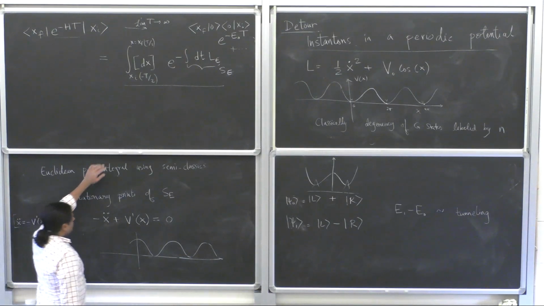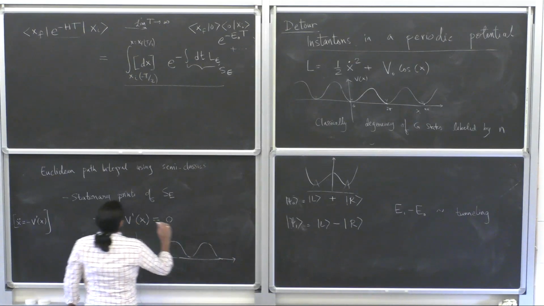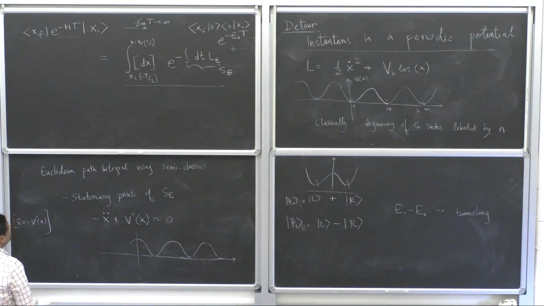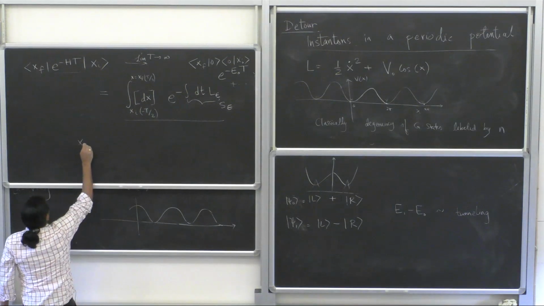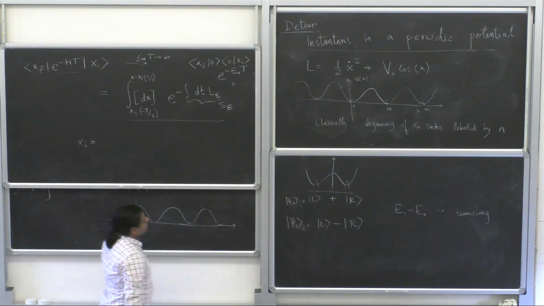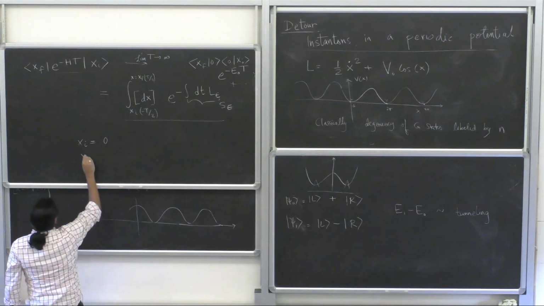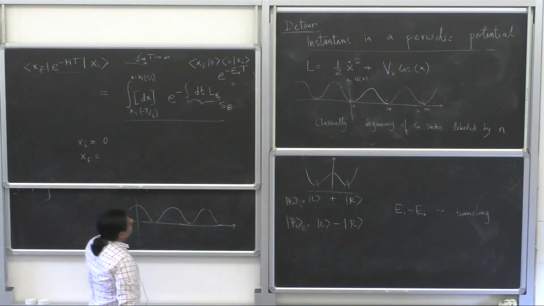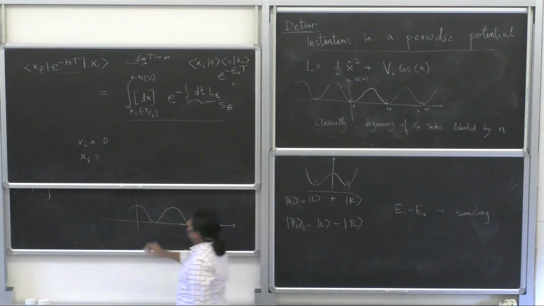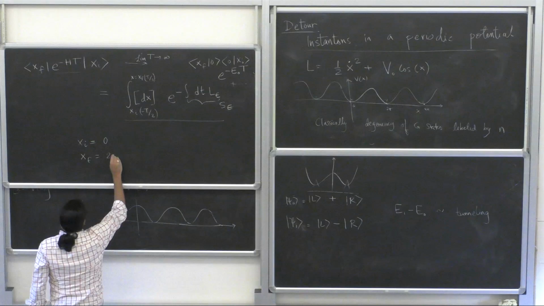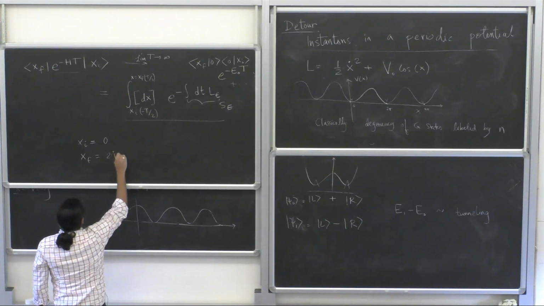Okay. Let's fix something just to be able to draw pictures. Let's say x_i is 0, and x_f is some other point, let's say 2π.